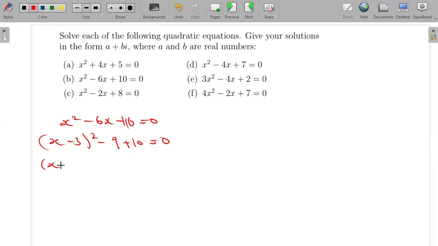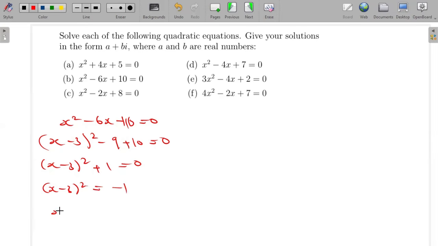So this will be x minus 3 squared. You add those, that's going to give you a positive 1 equal to 0. Take that to the other side, you get x minus 3 squared is equal to negative 1.